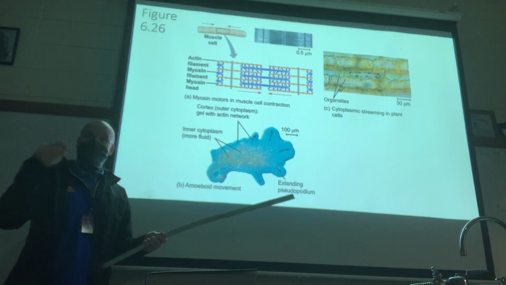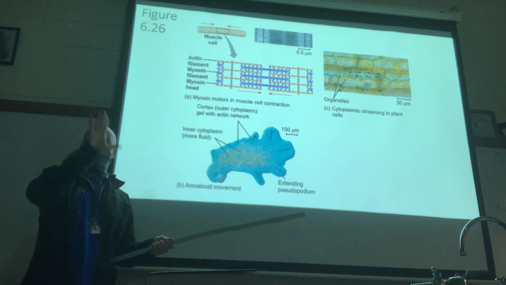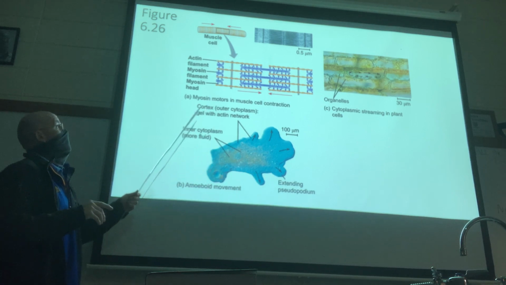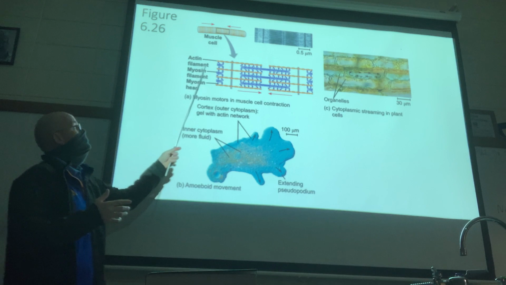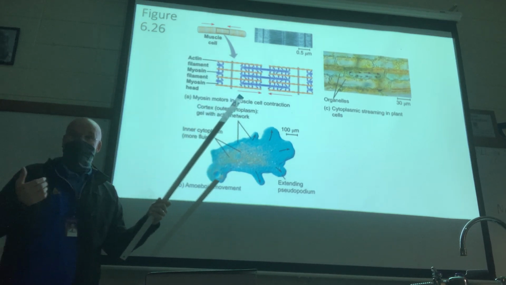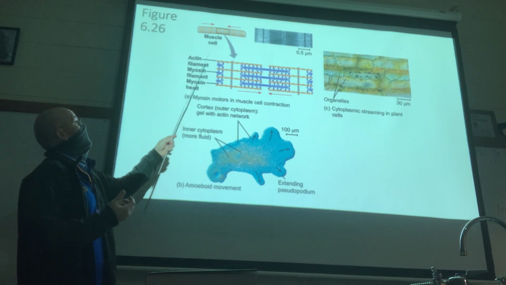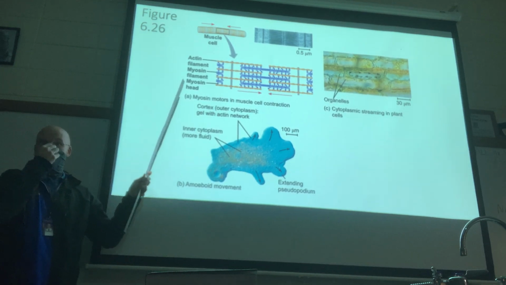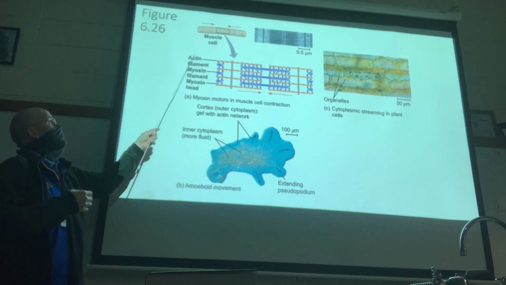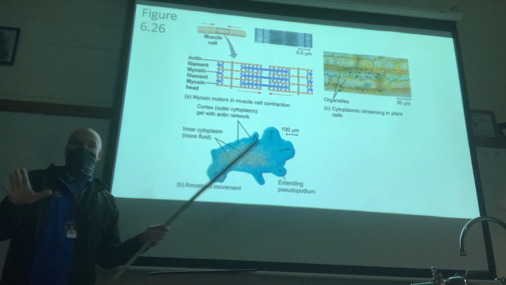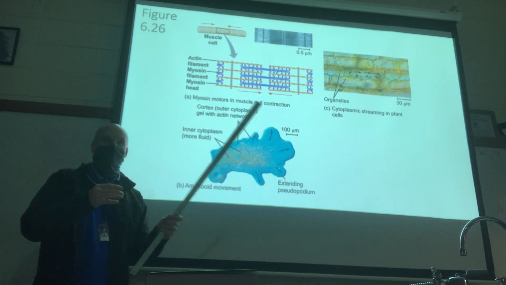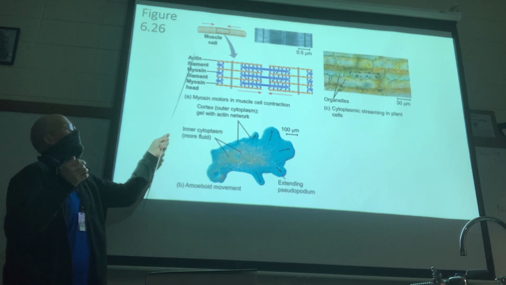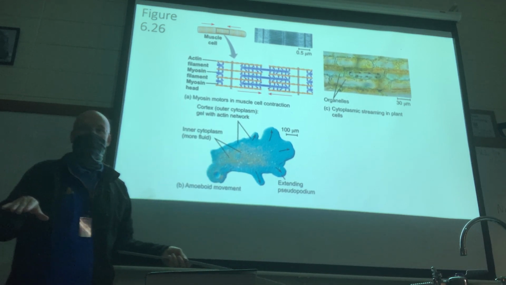Now, these microfilaments that give microvilli their shape are also used in muscle fibers. So you have these different filaments, and you'll see these terms actin and myosin. These are simply the names of the proteins that these strands are made out of. I would be familiar with them, but you don't need to know the difference between them.